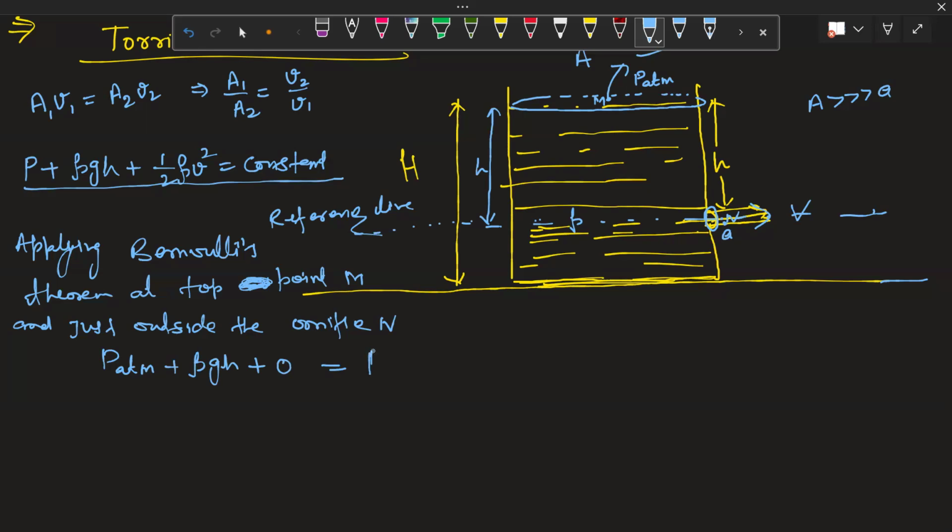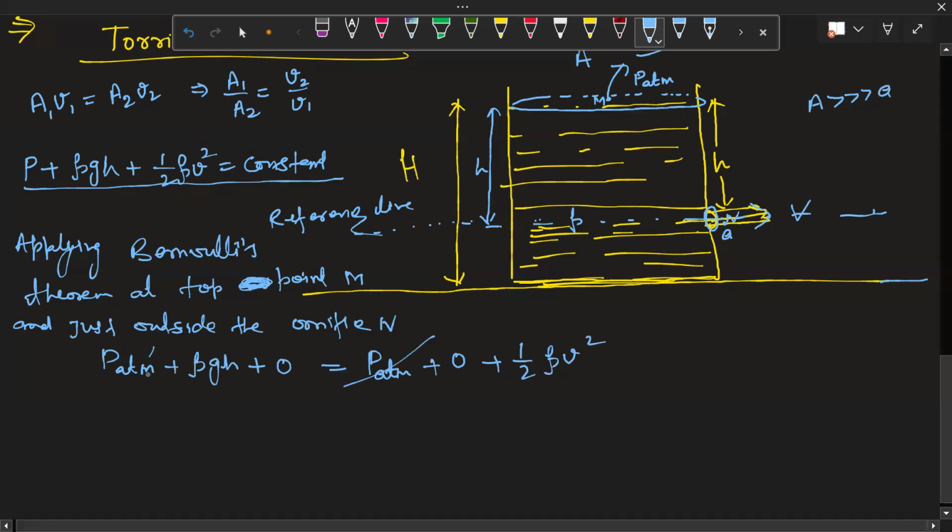So pressure will be again P atmospheric, and there is no potential energy here because this is the reference line, and kinetic energy will be half rho v square. P atm cancels, the zeros also cancel. So what we get here is rho g h is equal to half rho v square.